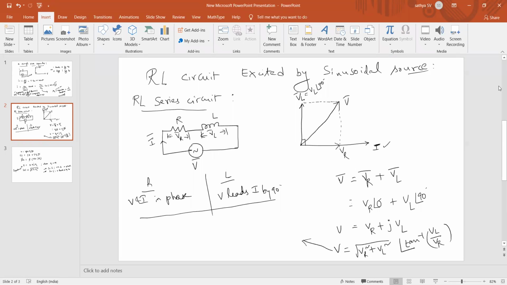And I consider a resultant vector using VR and VL; the resultant vector should be V bar. So as per our mathematics, V bar is equal to VR plus VL, where VR makes an angle of 0 degrees with the reference axis, and VL makes an angle of 90 degrees. By substituting that, what we obtain as our net resultant voltage is VR plus j VL.